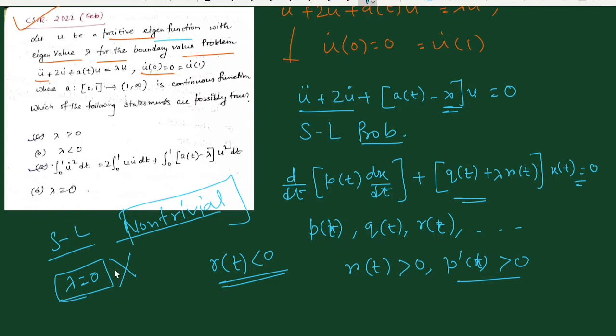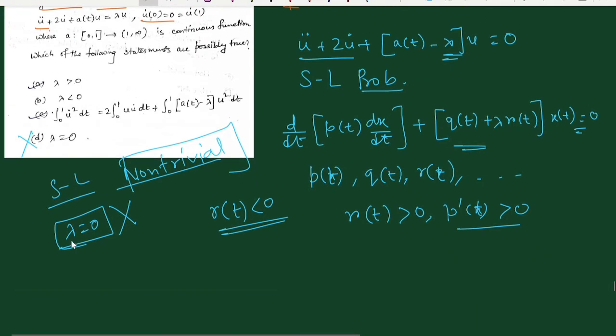That means lambda equal to 0 is not a correct option. Similarly, if you take lambda less than 0... I am not sure that this is a Sturm-Liouville problem, but it is similar to one. I think there is some mistake, or I can't solve this problem. I just share my thoughts about this problem.